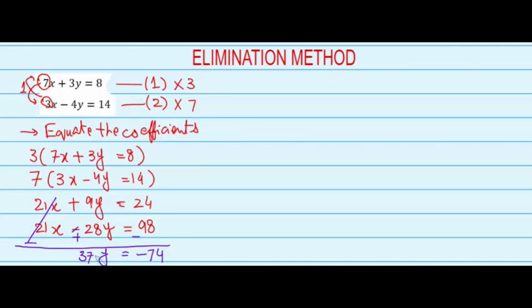So we are left with 37y equals negative 74, and you can see there is only one variable in this equation, so we can find its value. So y will be equal to negative 74 divided by 37, so it gives you y equals minus 2. So this is the value of y.